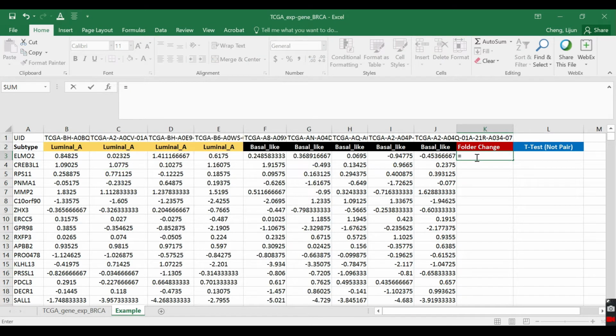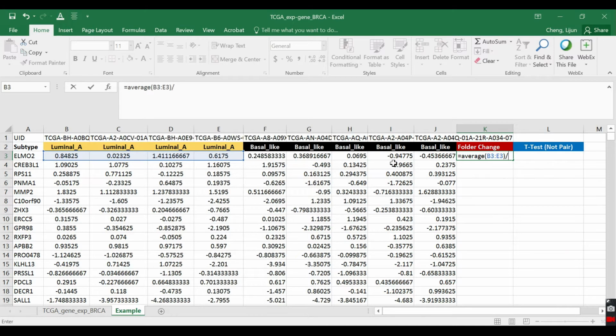The fold change is to calculate the ratio based on the mean of the Luminal A divided by the basal-like average. So the fold change calculation is the average of, such as for this gene, this first group, divided by the average of the second group.